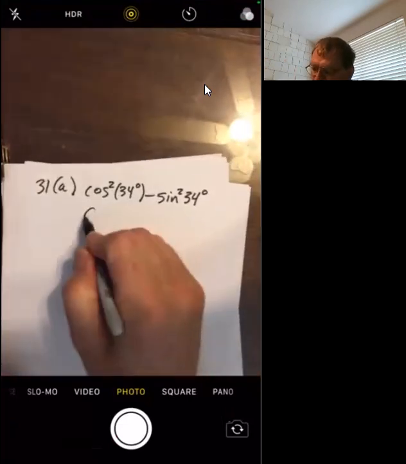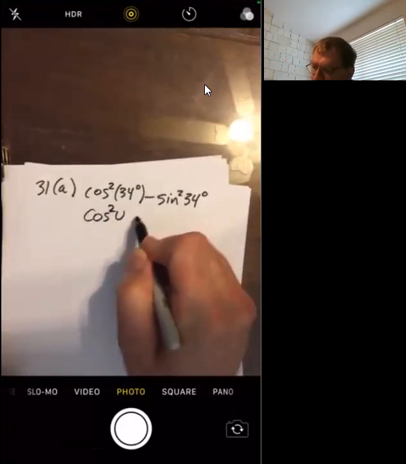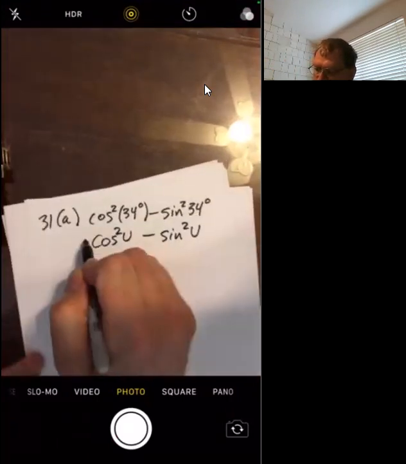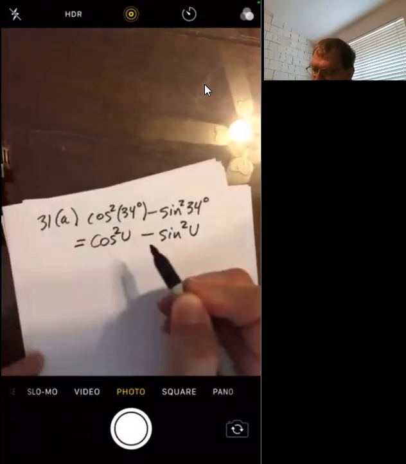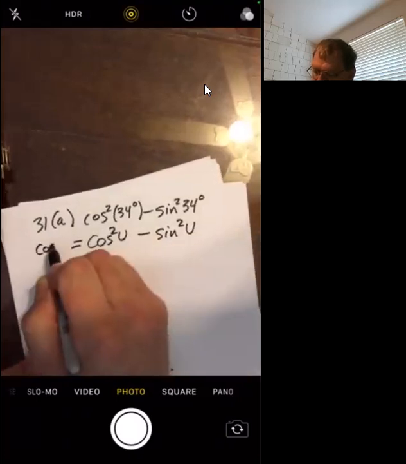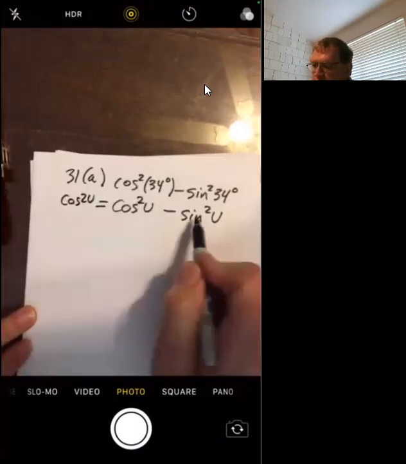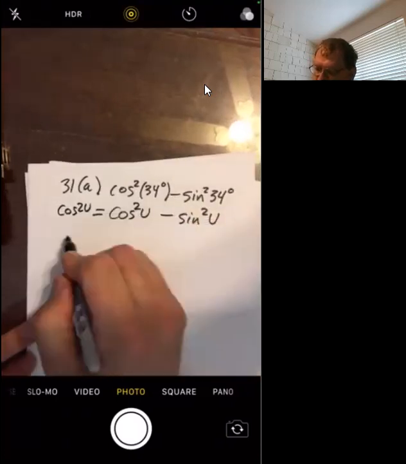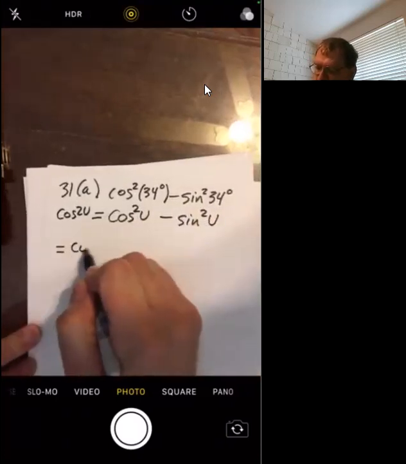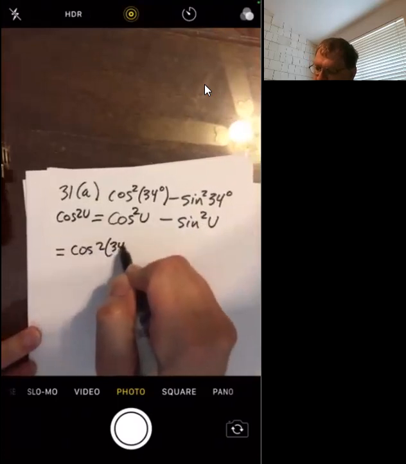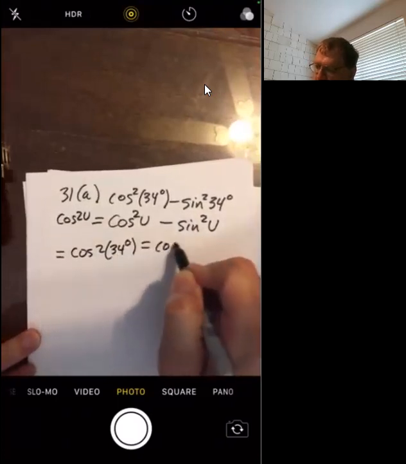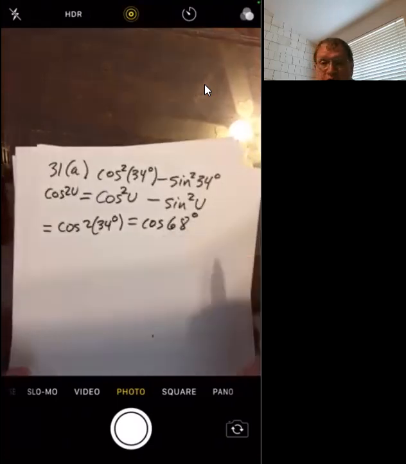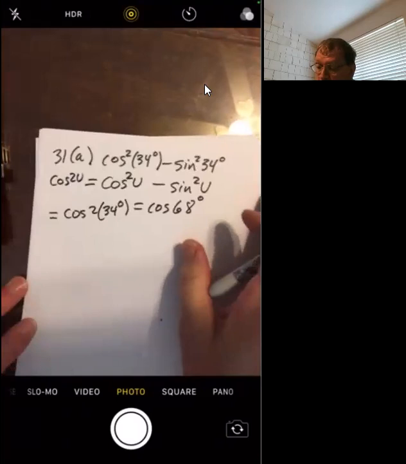See, this is cosine squared of u minus sine squared of u, and that's going to be equal to cosine of 2u. That was the first version of cosine 2u. All right, u is 34. So notice this is equal to cosine of twice 34 degrees, which is cosine of 68 degrees, which is some random decimal. That's not a circle value.